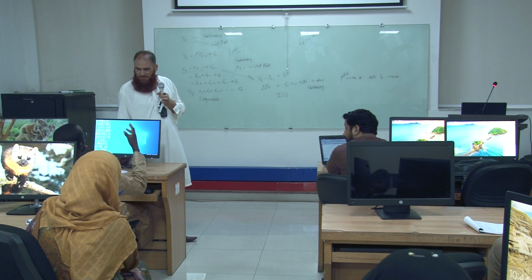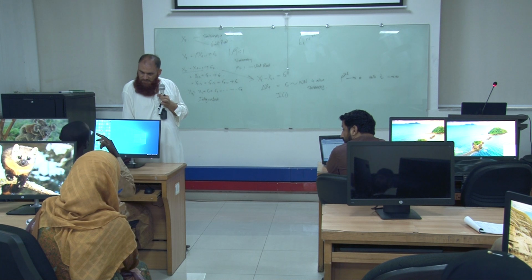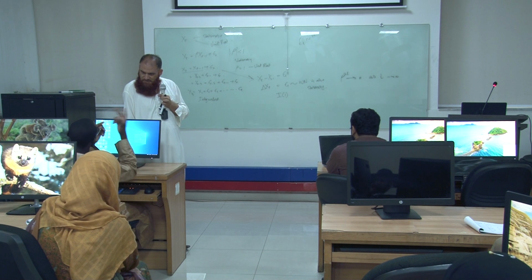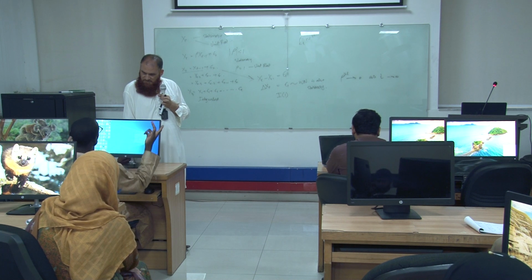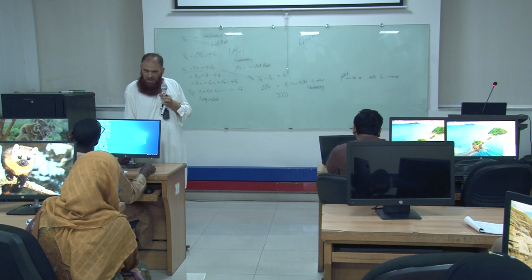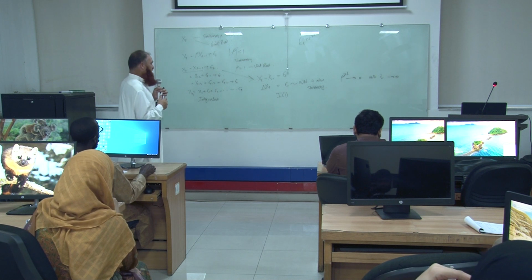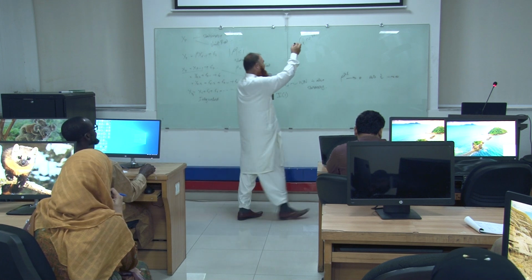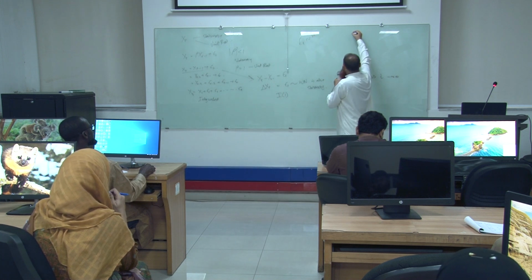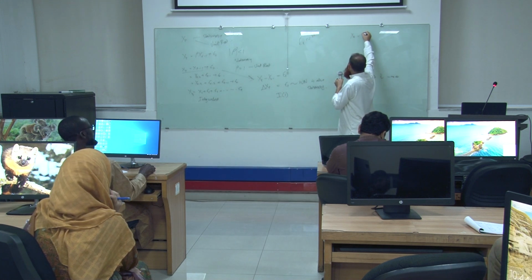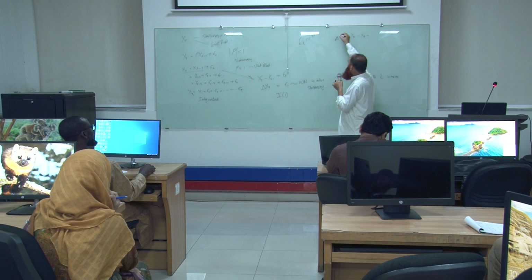Is it possible to take once and then take another one? Yes, but the differencing should be like this. For example, you have xt minus xt minus 1. This is first time differencing, del xt.